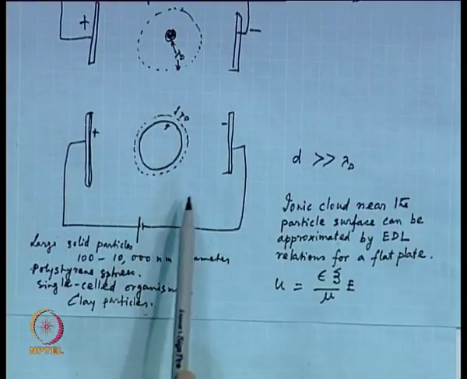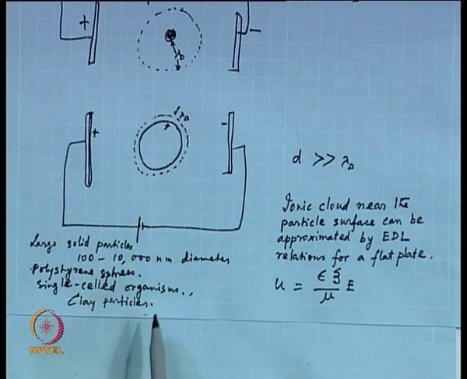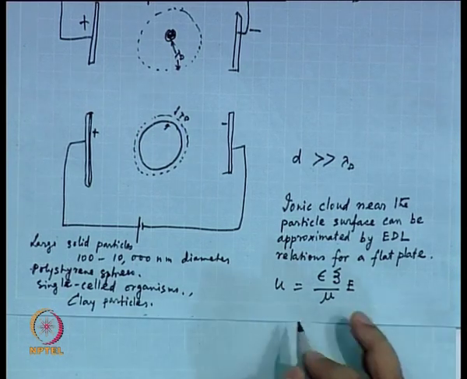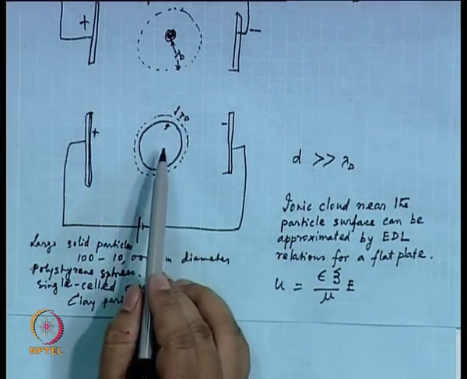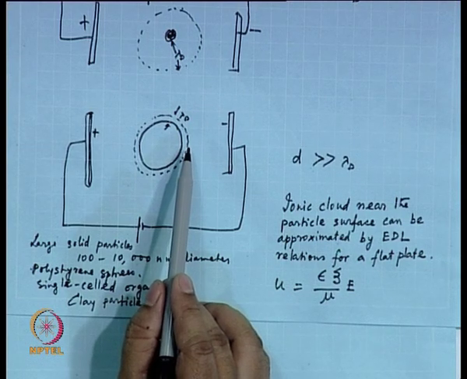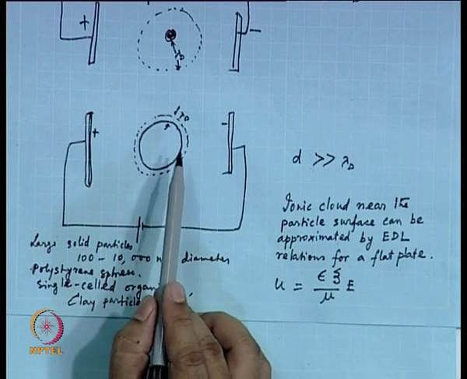So, here what they are saying is that since this particle is large and this Debye length is small, the ionic cloud near the particle surface can be approximated by EDL relations for a flat plate. And then this electrophoretic velocity UEP for this particle is nothing but the electroosmotic velocity of this double layer.